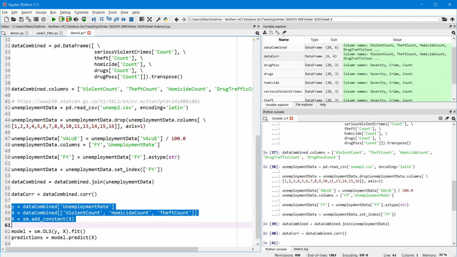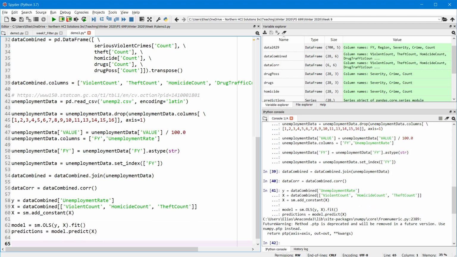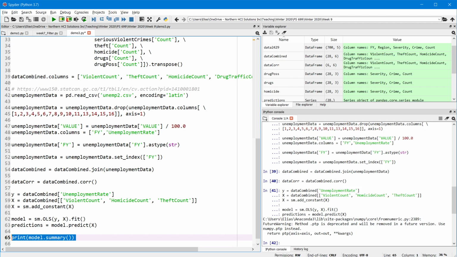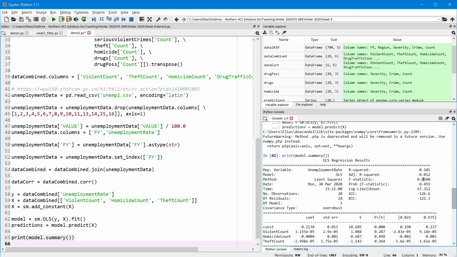So here we go. Let's create our regression model, and let's print out our model summary. So we'll do print(model.summary()). And this gives us a summary output of our model: our confidence interval, our t-test, and our R-squared and our adjusted R-squared.